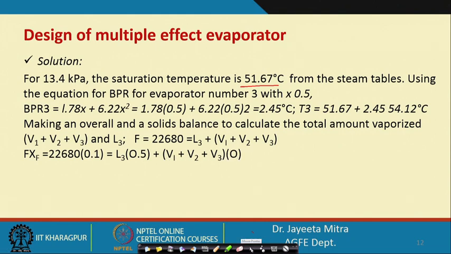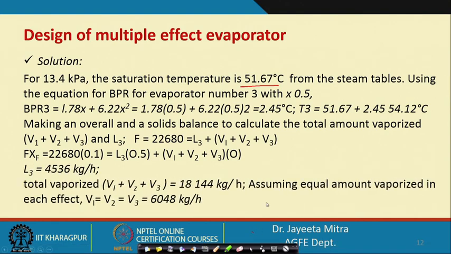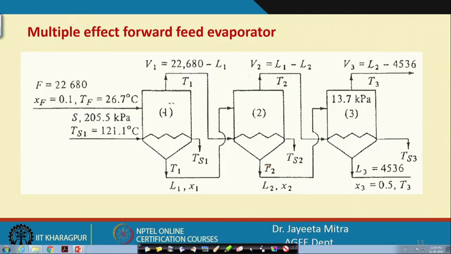So, we are getting L3, putting it into the balance we are calculating V and taking equal V in all the cases. So, we are getting 6048 kg per hour. This is the system, and in the third effect we have calculated this L3, and this is the forward feed evaporator.